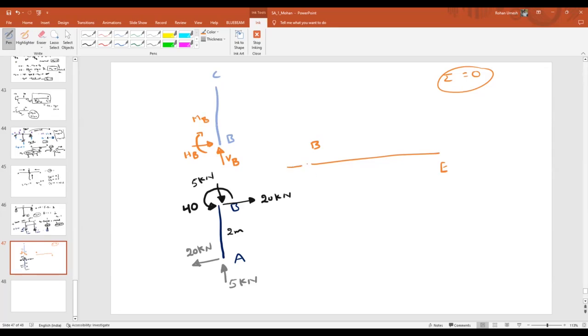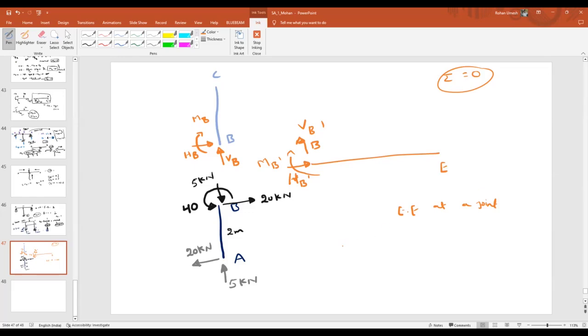Similarly, here also the reactions are not known. Let us say VB dash, sorry, I represented it wrong: HB dash, VB dash, and also moment MB dash. But what will be my equilibrium equations at a joint? If you join them back again, you should not have any net force.